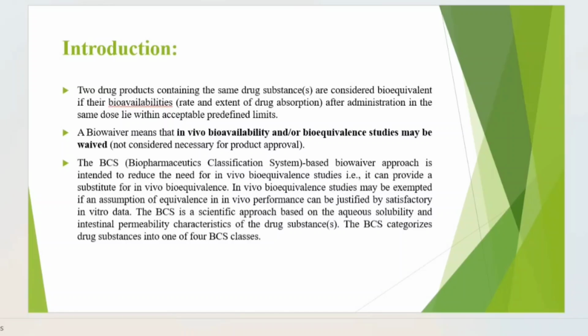That is, it can provide a substitute for in vivo bioequivalence. In vivo bioequivalence studies may be exempted if an assumption of equivalence in vivo performance can be justified by satisfactory in vitro data. The BCS is a scientific approach based on the aqueous solubility and intestinal permeability characteristics of the drug substances.